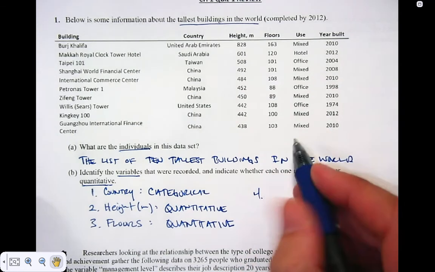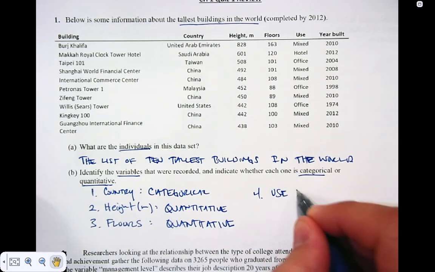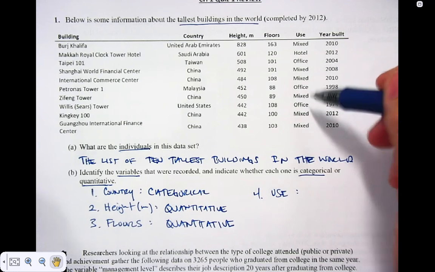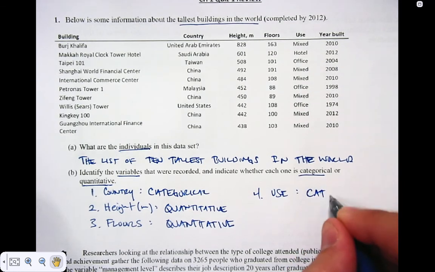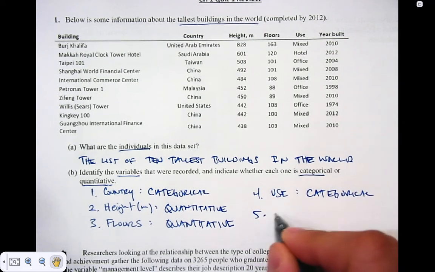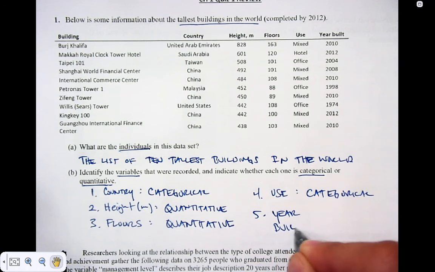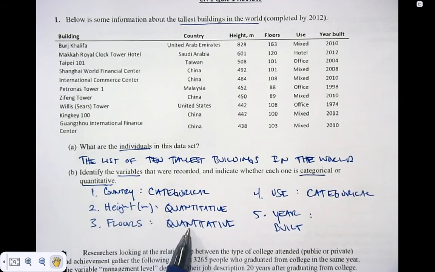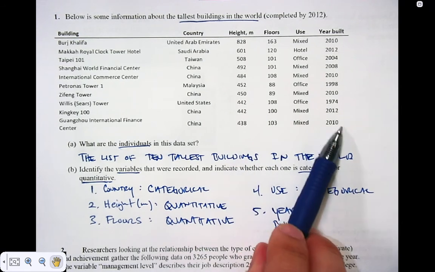The fourth one over here would be use. Like, what is the building used for? Is it a hotel, office, or mixed space? In this case, that would definitely be categorical. And the last one would be the year built. Now, some people could get confused here because it seems like quantitative variables are variables that deal with numbers. Well, this is a number.